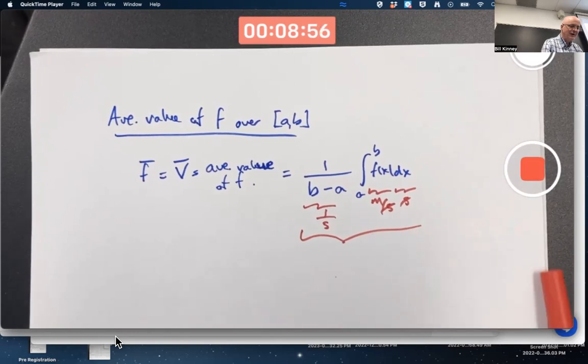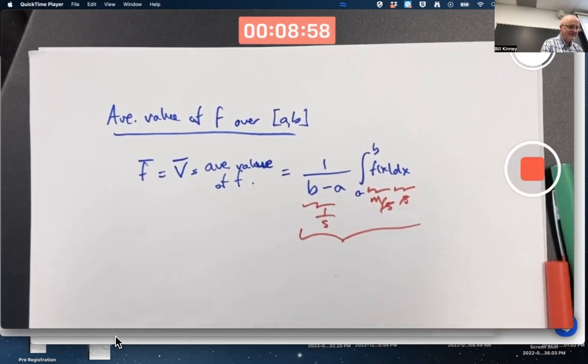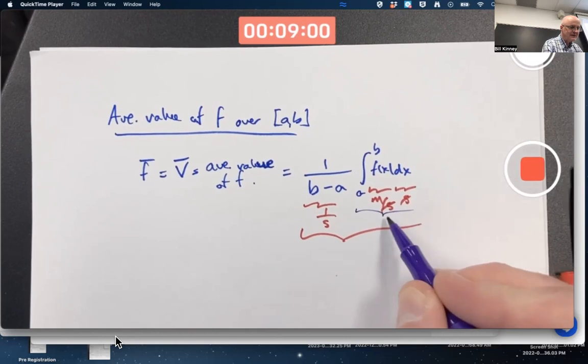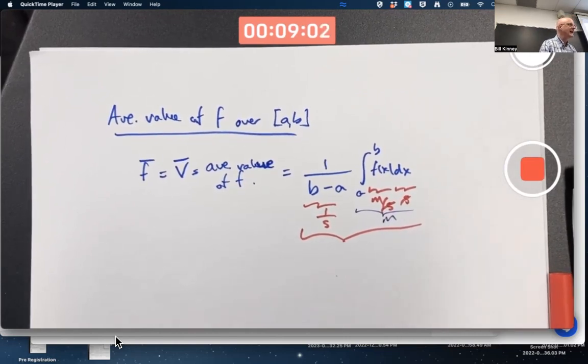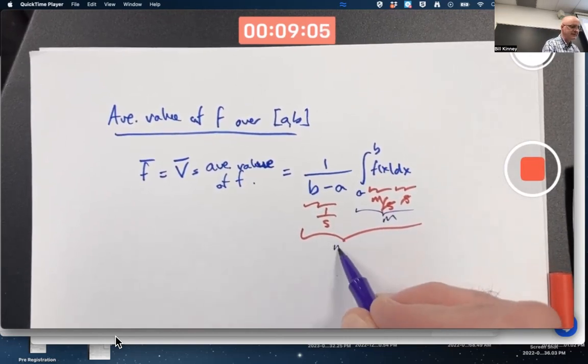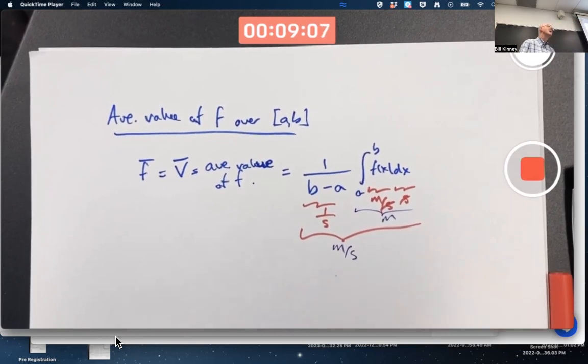So it's like you go from meters per second times seconds to meters, but then in the end, you divide by seconds again, and so you are left with units of meters per second, which again should make sense if f represents a speed or velocity whose units are meters per second. You would want the average value to have the same units because it's still supposed to be measuring the same kind of thing.